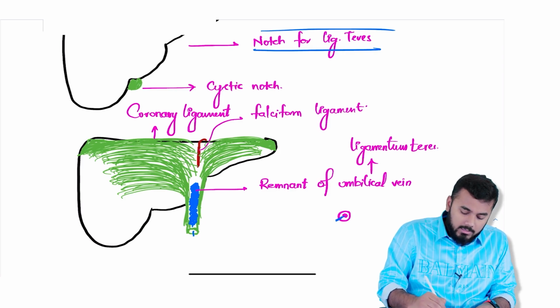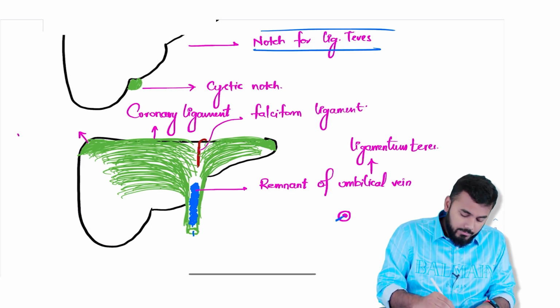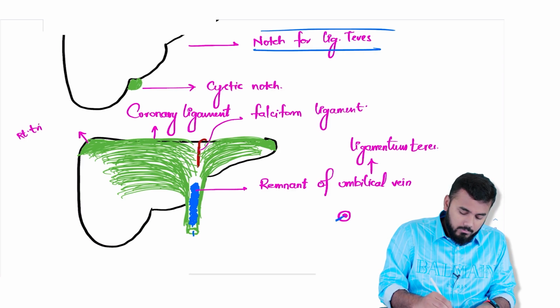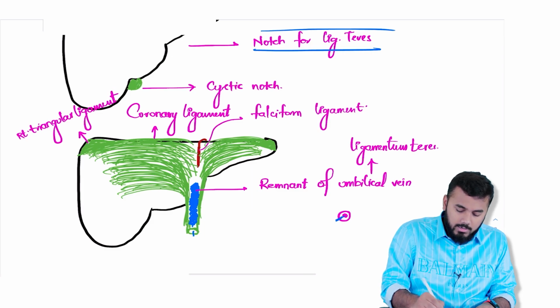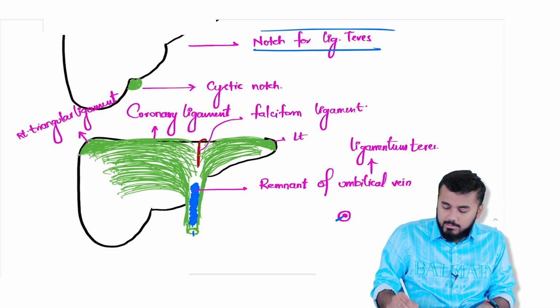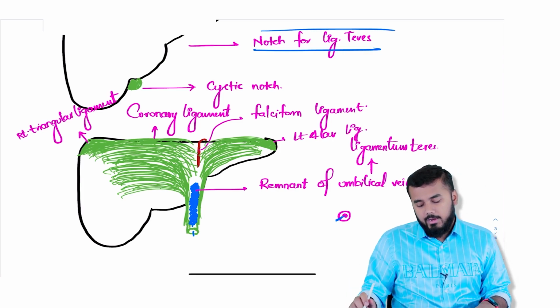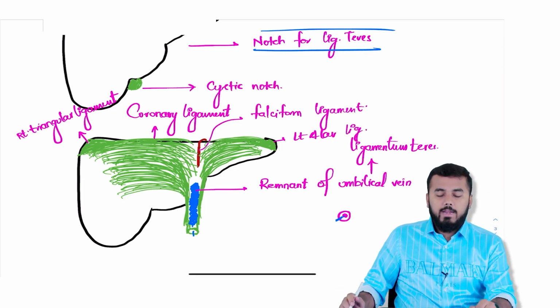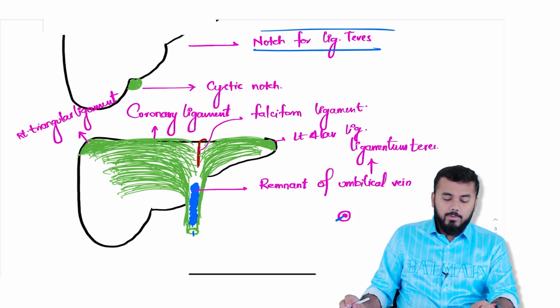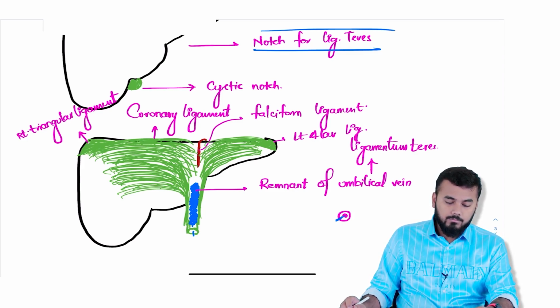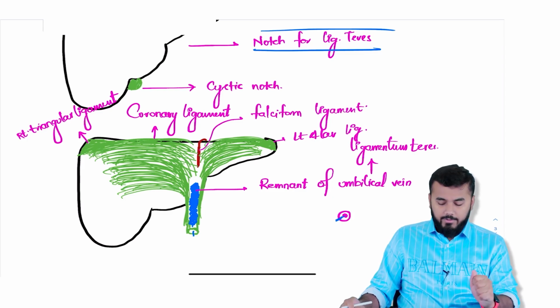So this is called the right triangular ligament, and this is called the left triangular ligament. We have got right and left triangular ligaments here.